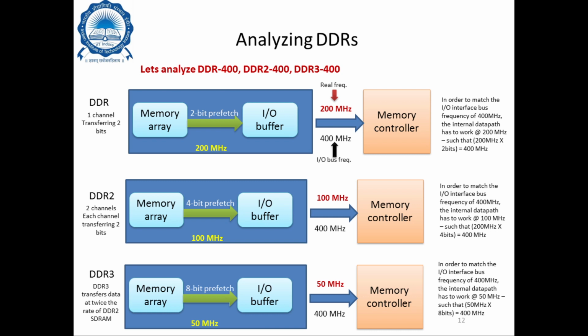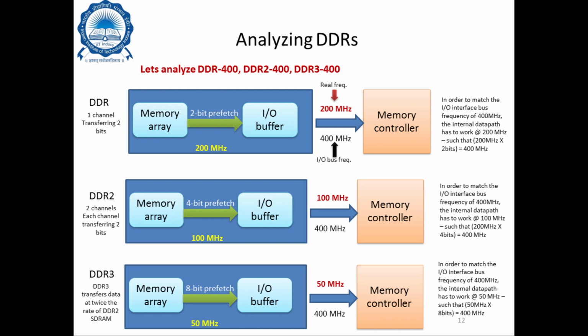Now let me show you a diagrammatic understanding of how we can analyze DDRs. Okay, so let's see the first diagram. Inside the memory we have a memory array and an IO buffer. Imagine for DDR, if the internal frequency is 200 megahertz, and since it is transferring 2 bits of information, because at the rising and falling edge, 1 bit in every edge, so it is like 2 bits for rising as well as falling edge.